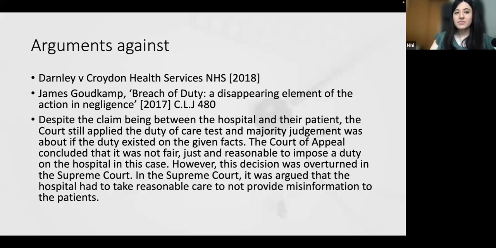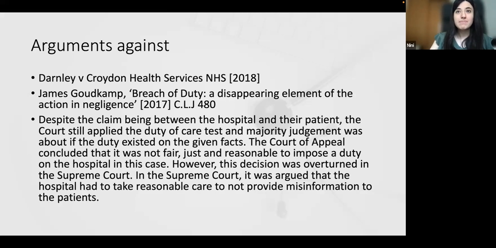Arguments against. The case of Darnley versus Croydon Health Services has to be the key authority here. There is a Court of Appeal judgment and there's a Supreme Court judgment reaching contrasting outcomes. In the Court of Appeal, it was argued that hospital did not owe duty of care to the patient.